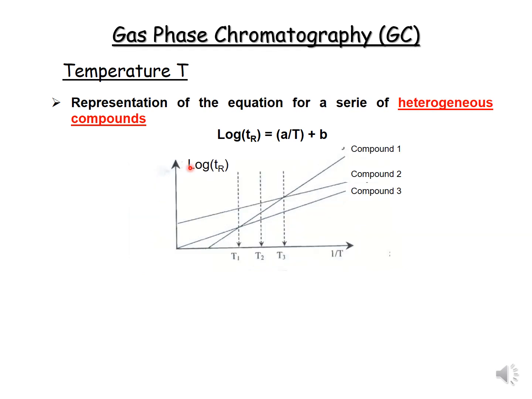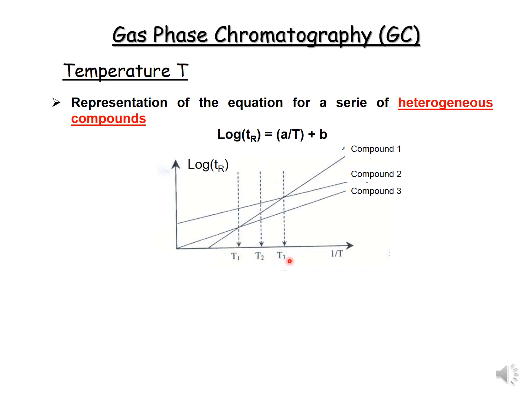Another example, in that case, on a series of heterogeneous compounds. Here you consider 3 different compounds with 3 different behaviors. This is the same representation. If I go in this direction, I increase the retention time, and if I go in this direction, I decrease the temperature. There are 3 possible temperatures, T1, T2, and T3.